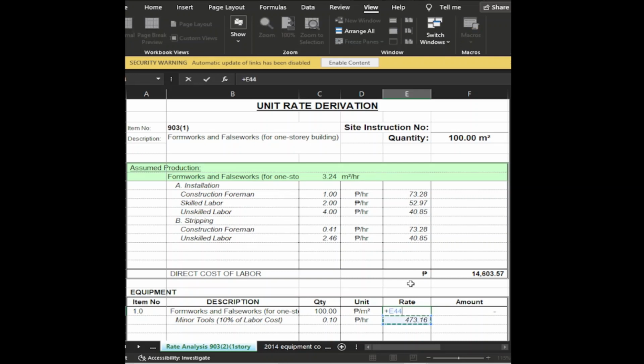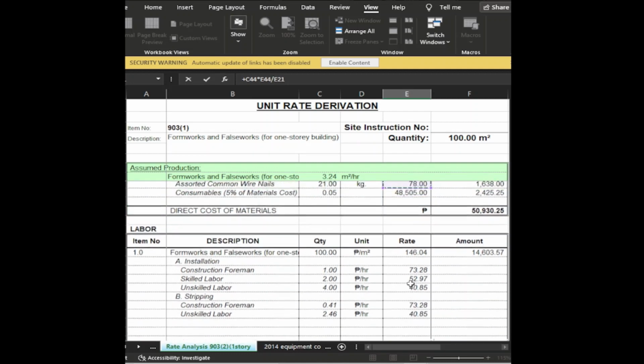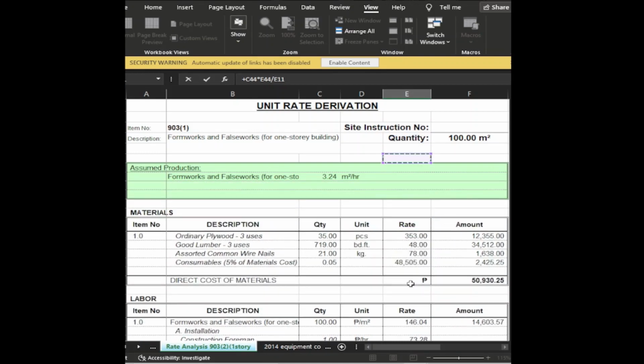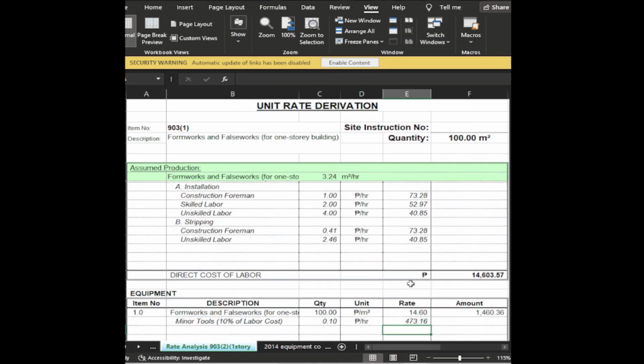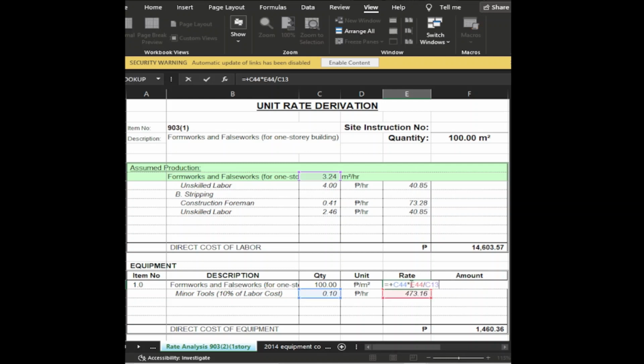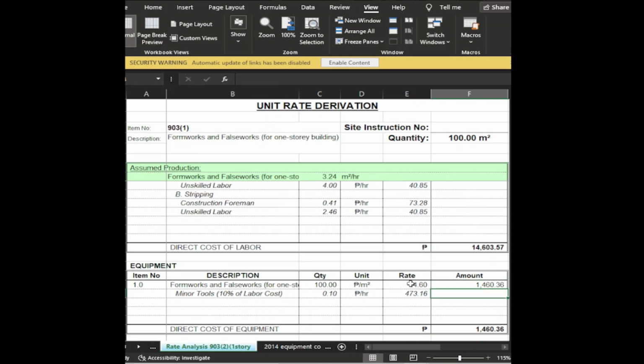So this one times this divided by 3.24. So we have only 14.6. So multiplied it to 100 for our quantity. So we have only 1,460 for our equipment.